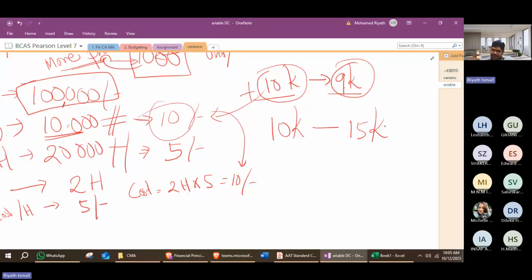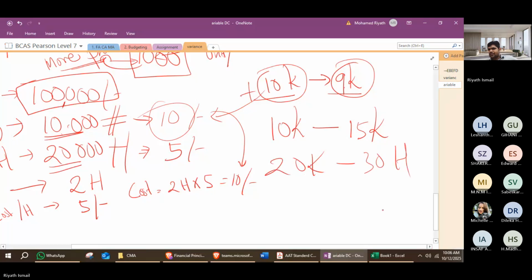In the same way, budgeted hours 20,000, actual hours for example 30,000, adverse or favorable? Favorable. So that is the logic behind the adverse and favorable issue here.